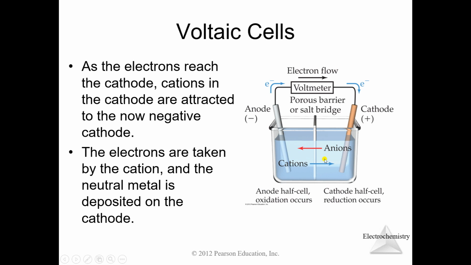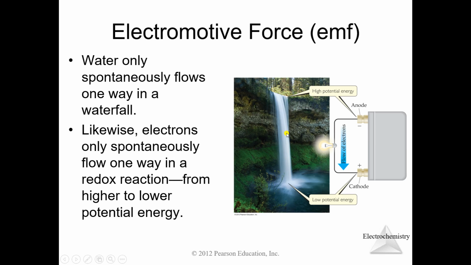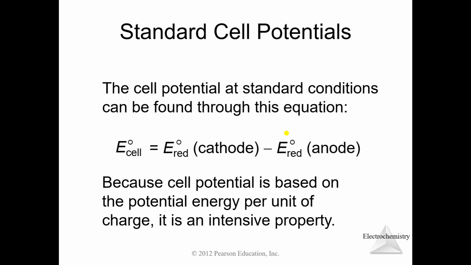You can think about the cathode as products and the anode as reactants, much in the same way, products minus reactants, because the cell potential is important. The cell potential is based on the potential energy per unit of charge. It is an inverse property.